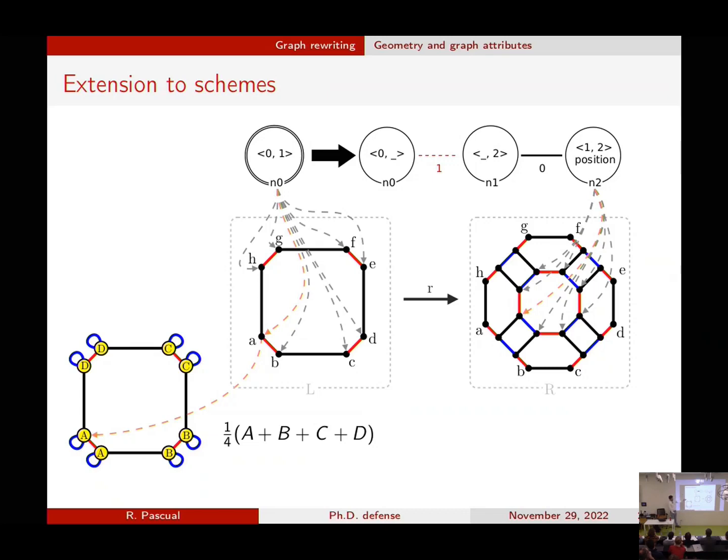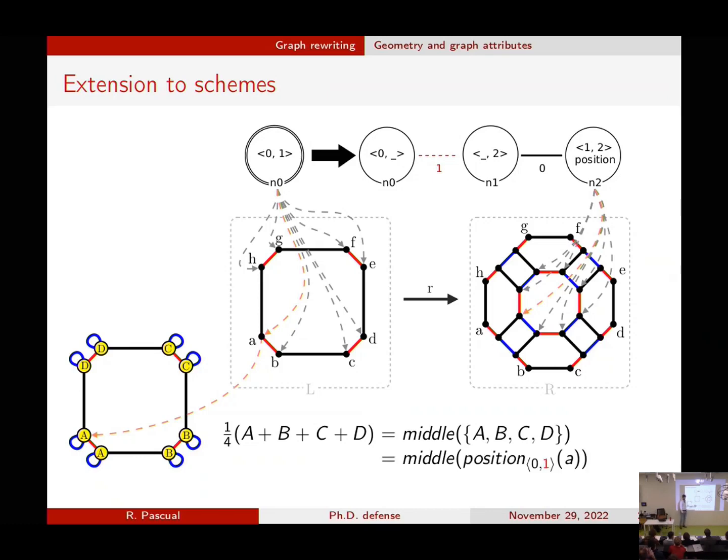So if I take back my triangulation operation, I want to add my position as the barycenter of the initial face. So 1/4 of the sum of A, B, C, and D. Well, summing over the points and taking 1/4 is simply computing the middle of the points. So I can get the middle of the set of points. Now, the set of points, we can retrieve it with our collect operator.